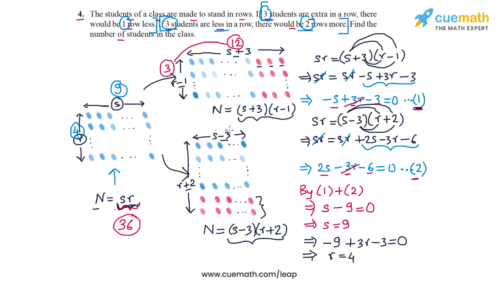Now if the number of students per row decreases by 3, it becomes 6 instead of 9. In this case the number of rows increases by 2, so the number of rows becomes 6. And now the total number of students is still 6 times 6, or 36. So even this makes sense. So our answer is correct. The total number of students is 36.